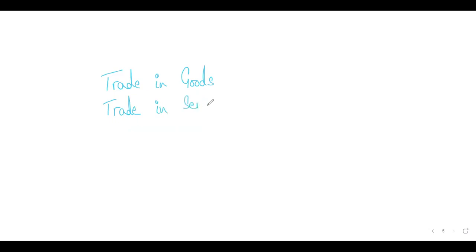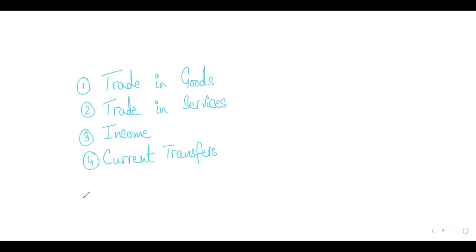Then you have income, and then you have current transfers. Now think about this: income and current transfers.